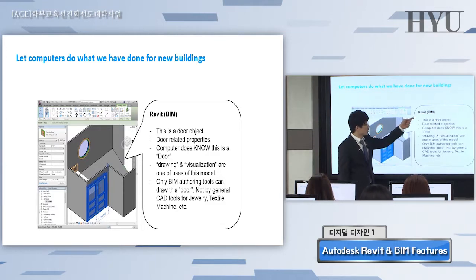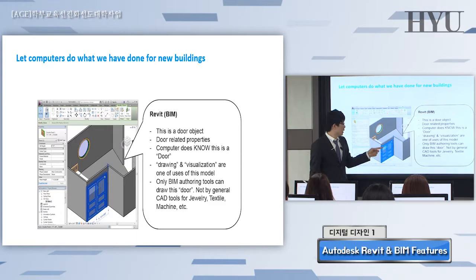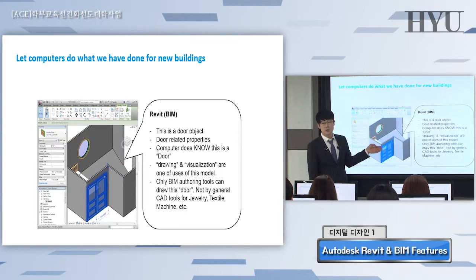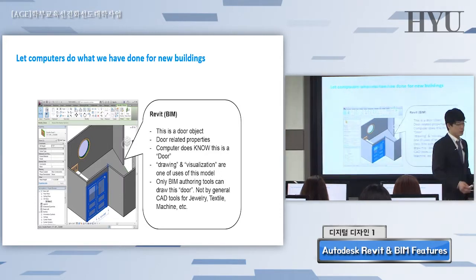This is a door object, with door-related properties, the amount of door-related objects, and which hollow opening is located on which wall, whatever. And you have to maximize the meaning. In the conventional approach, the computer doesn't know this is a door object, okay? The drawing visualization is just one snapshot of this actual computational model.